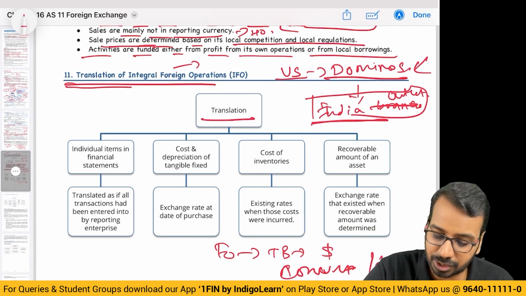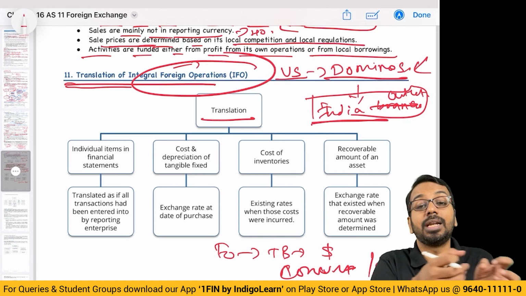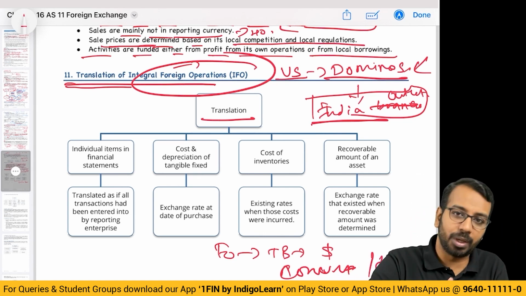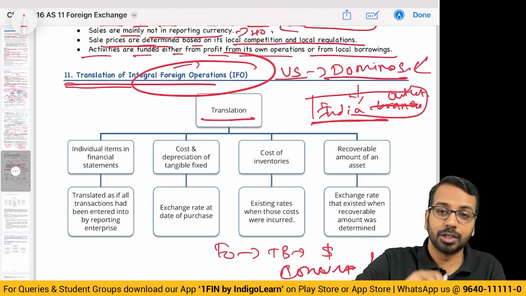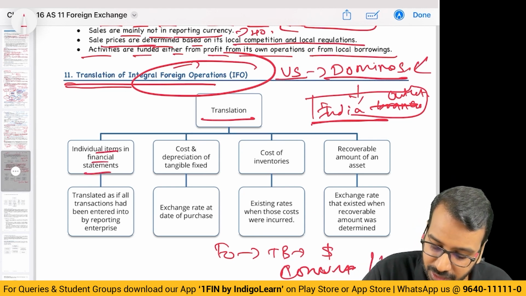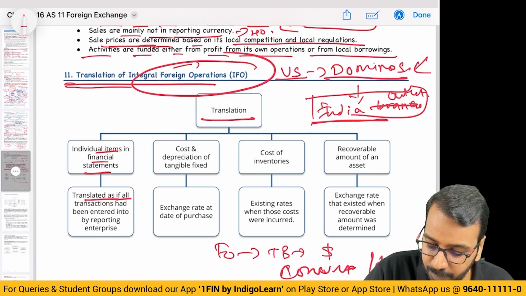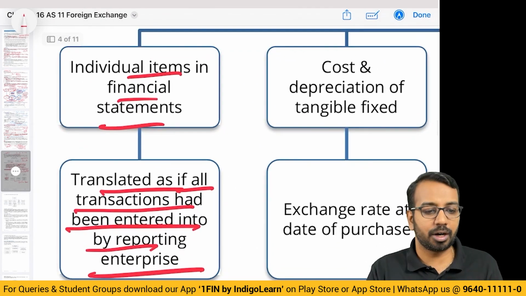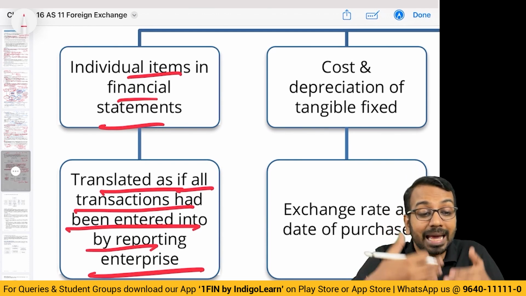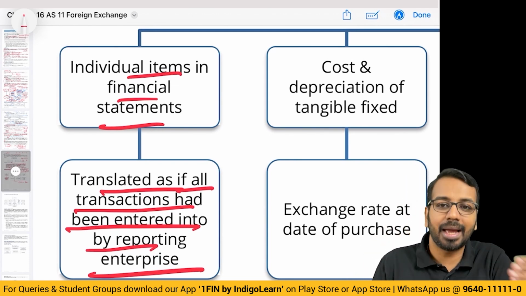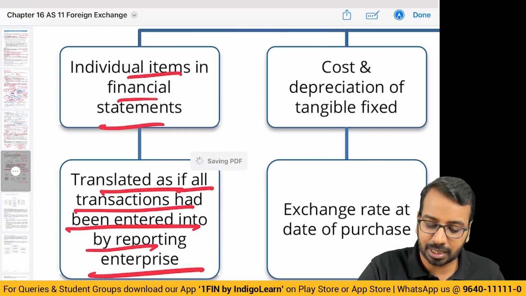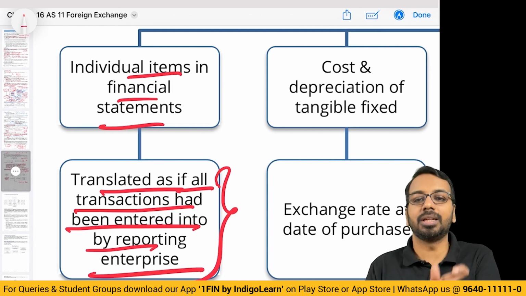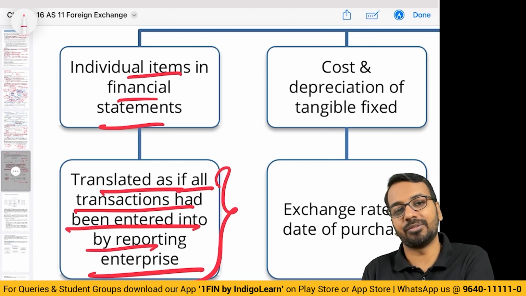Translation for integral: integral means it is fully dependent. It is an extension of my own office. Everything is as if I am only doing it. So in that case, individual items in the financial statements are translated as if all the transactions had been entered into by the reporting enterprise. I will take the exchange rate on the date of transaction, or I may take an average rate as well.